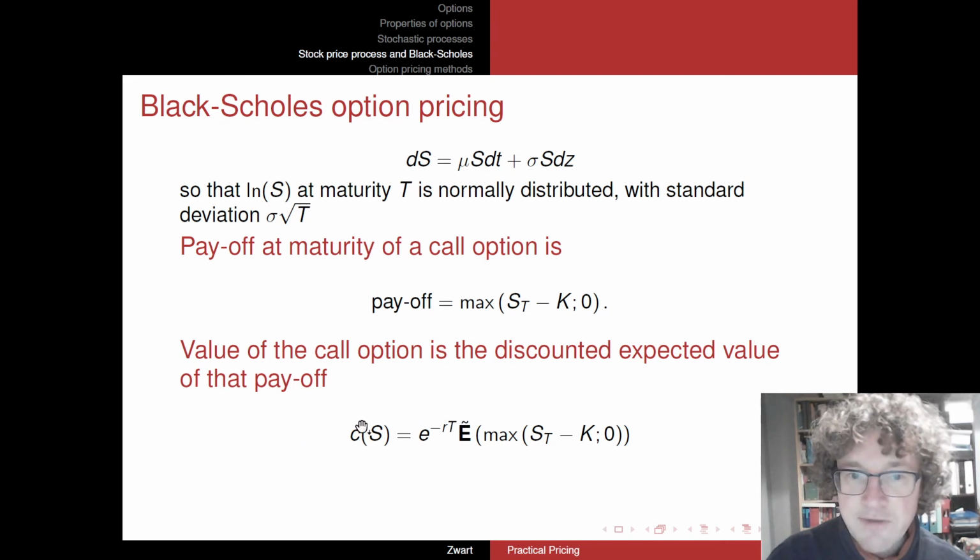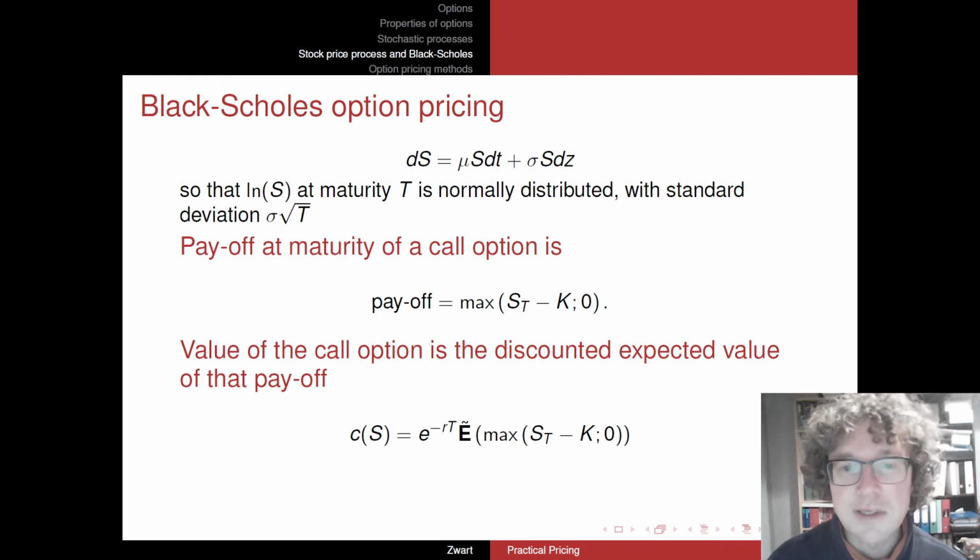So the value of a call option is going to be the expected value of the payoff. This E is the expected value of this payoff, and this first bit here, e to the minus RT, means we're taking the present value of that. So we're discounting this with the interest rate R, taking into account that this value is only coming in after t years of time.